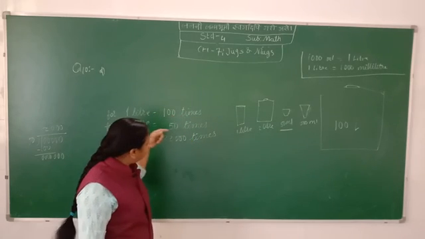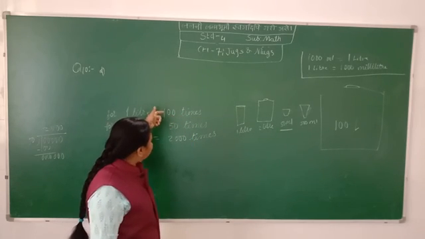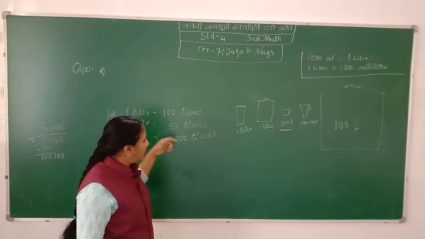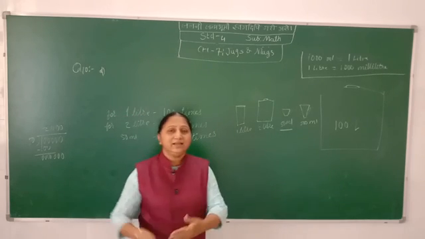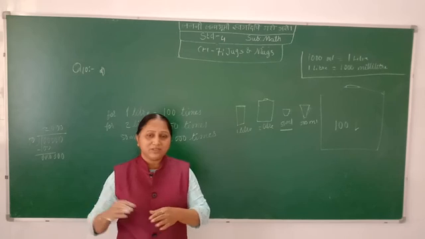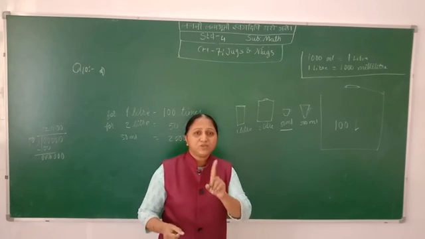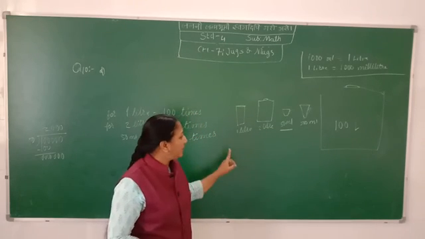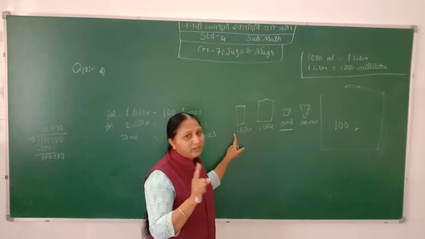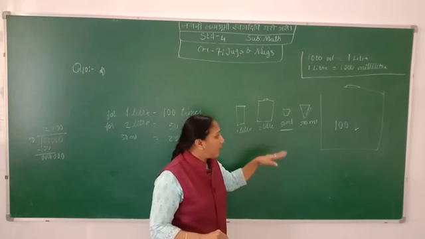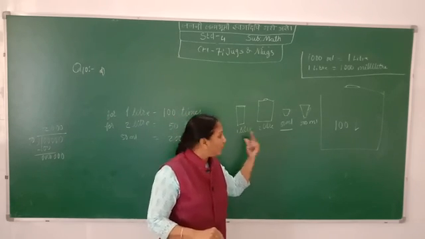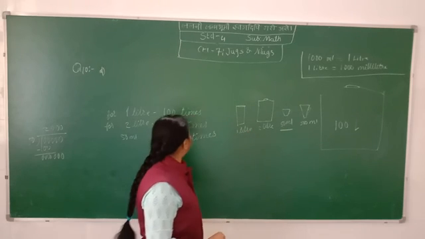In the earlier case it was exactly half, but now it is exactly double. It is exactly opposite. Now I have to pour 2 times just to fill 1 liter, so I will double the 100.